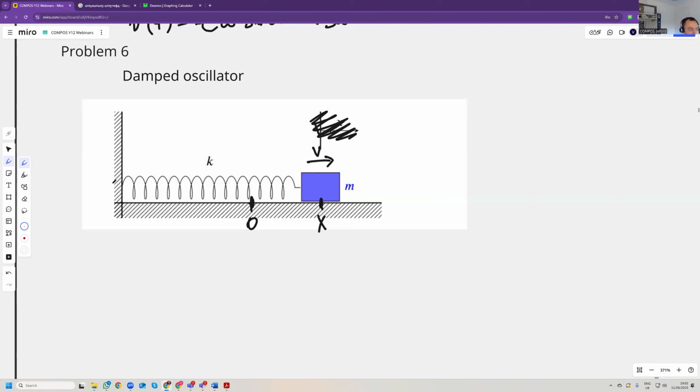And it experiences two forces. First of all, it experiences a force minus kx from the spring. And it also experiences a force of minus gamma v. So we can write that mass times acceleration is equal to minus kx minus gamma v.